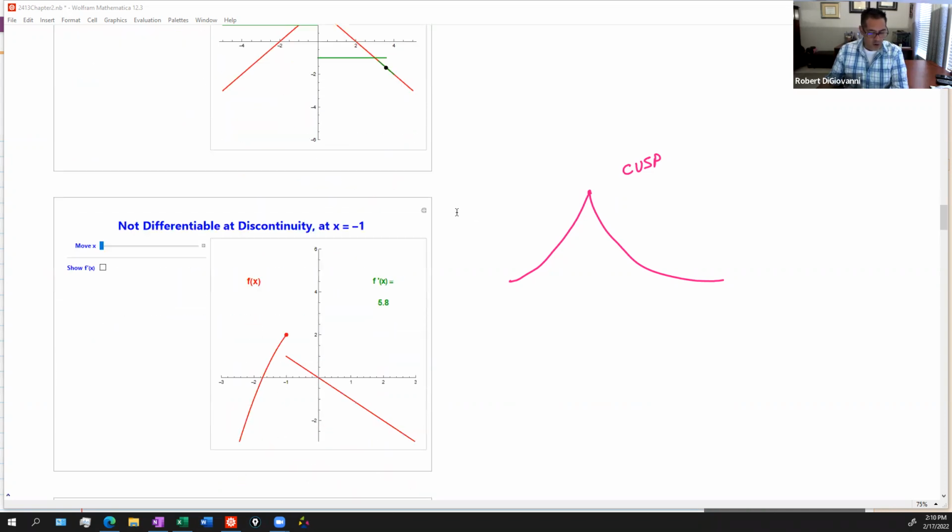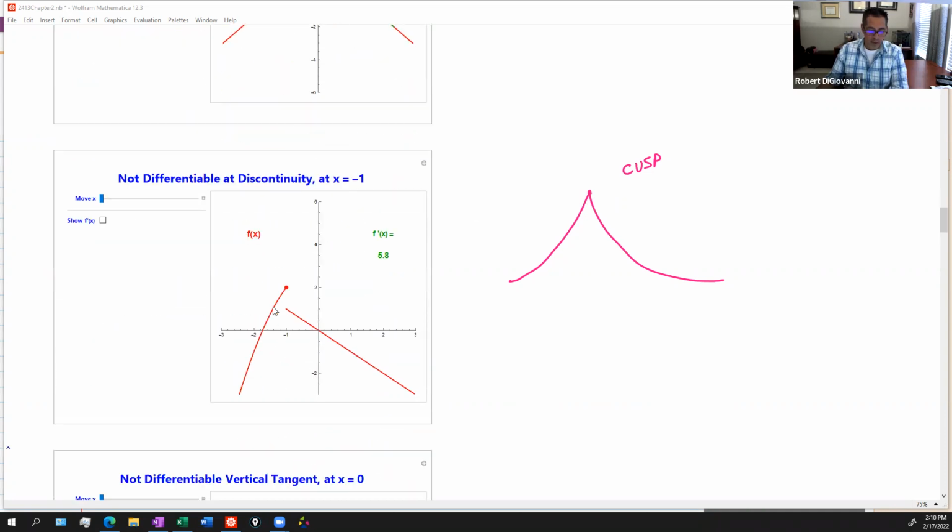All right, the other one is where you have a jump. Anywhere you have a jump, you're going to have a problem with the derivative. And you can see it again here. If I come in from the left, I've got a positive derivative. And then where I have my jump, I have this change in the derivative, and that's what causes it to not be differentiable, only at that jump.